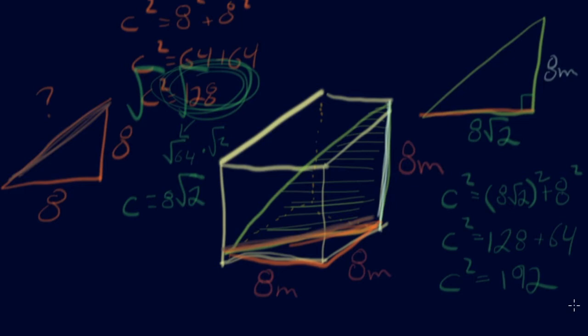I think 64 times 3 will work out. Does that work? I think it does. 64 times 3, yeah, that works out. So you end up getting c is equal to 8 root 3. So there you go. That's what the diagonal was.